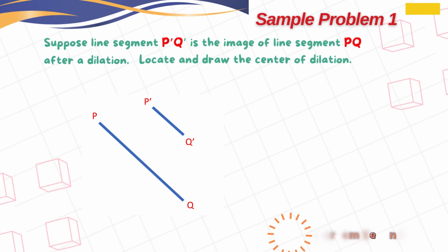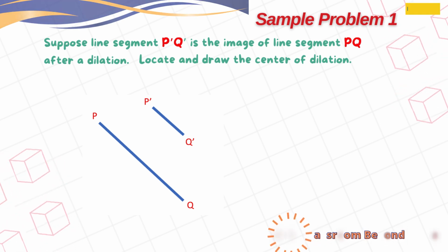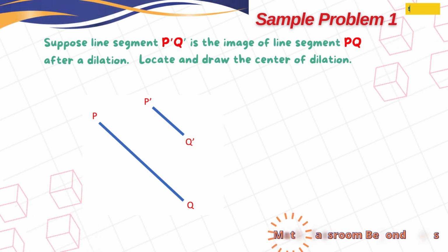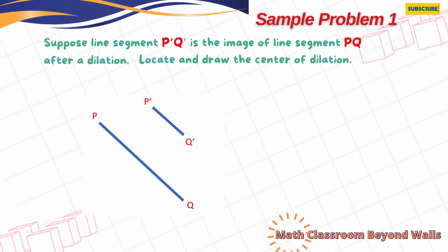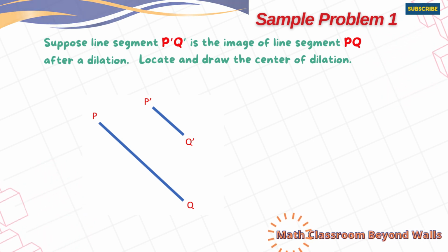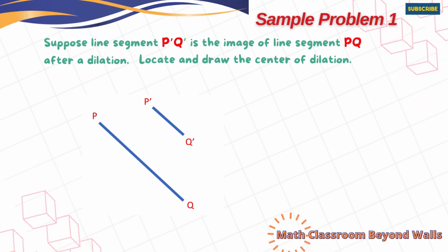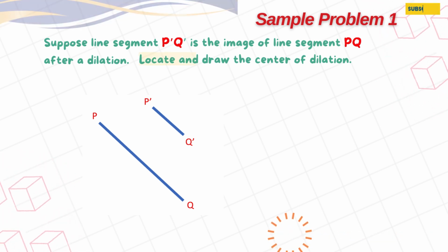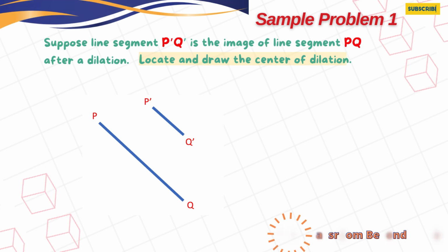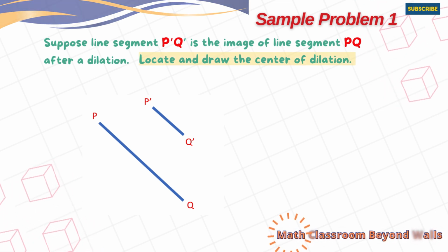As usual, we begin by reading the whole problem and may read it several times when needed to know what we're looking for, to determine what are given, and to figure out how the given information help find what we're looking for. What is asking the problem, learners? You're right, we are to locate and draw the center of dilation. What are given?